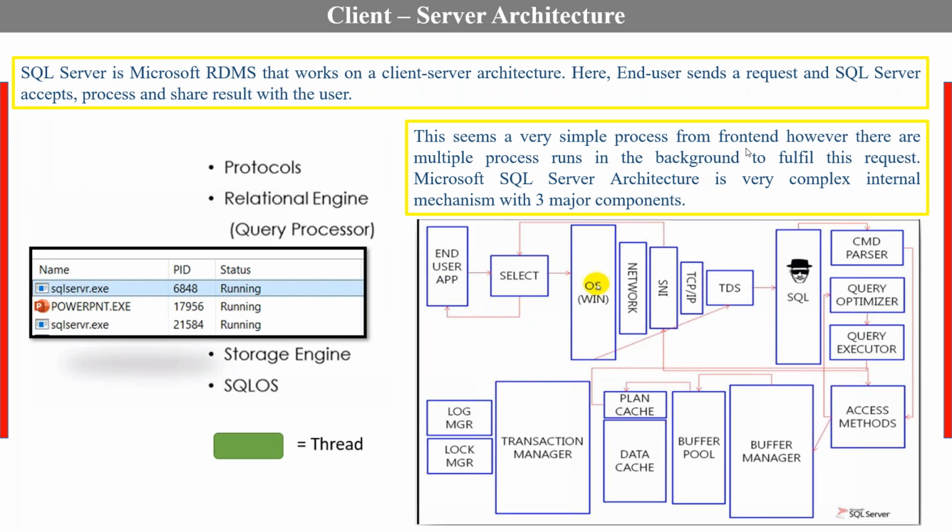So what is happening when you send any request to SQL Server? Let me show it in a simple diagram, and we'll discuss it in detail one by one in the coming slides. When any user sends a request, that can be an insert, update, delete, or select. These are the transactions mostly users will perform.